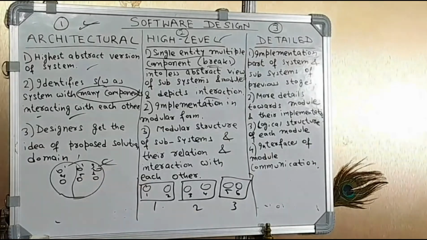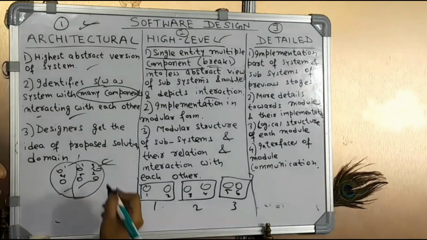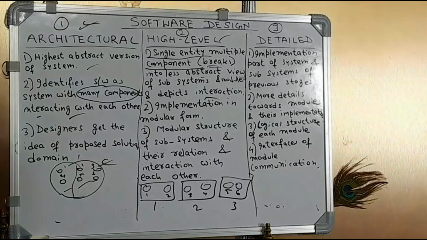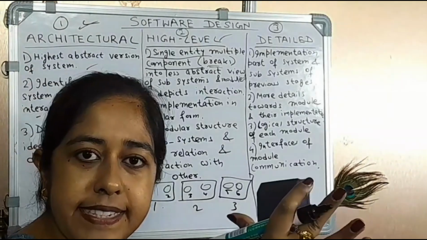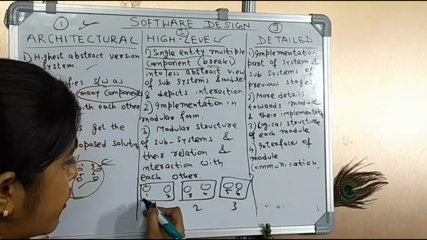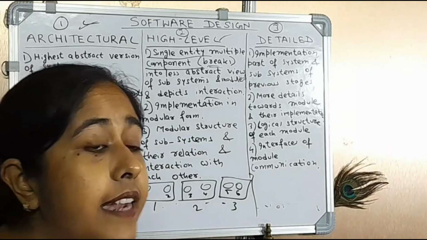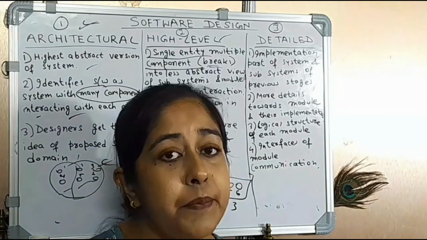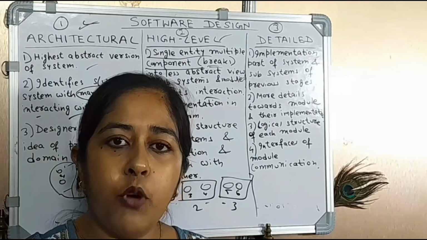Here, I'm working with the whole system, a whole system with some components. Now in the next level, I am going to break that single entity with many components into some subsystems. As we did in integration testing, we were breaking the whole system. First of all, we were doing unit testing on small modules.